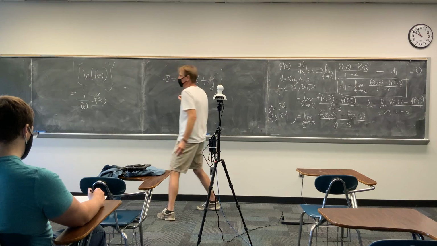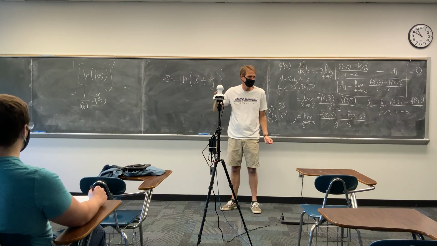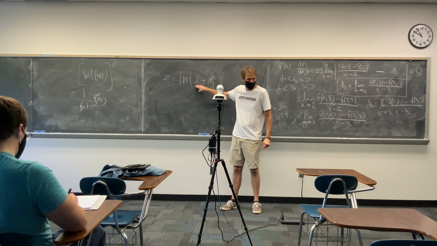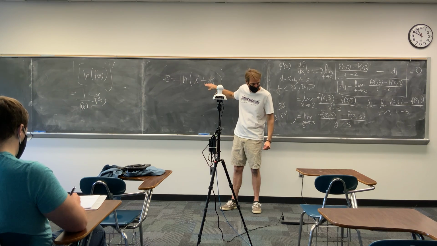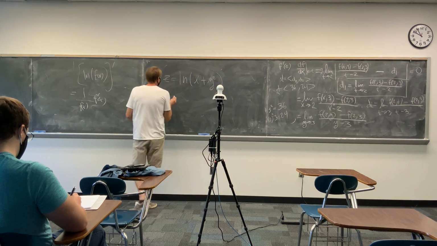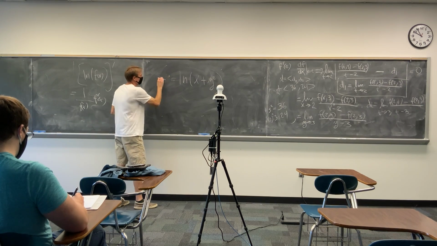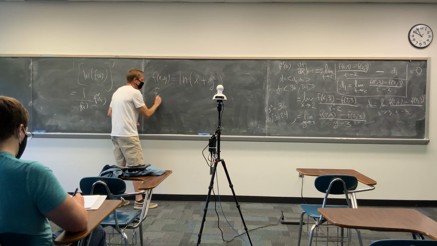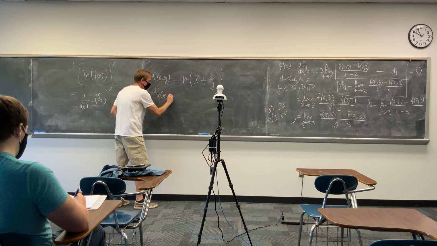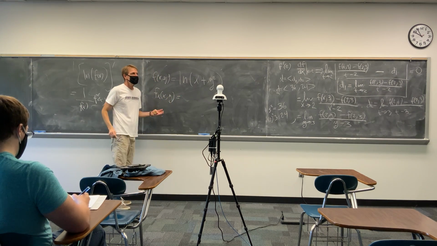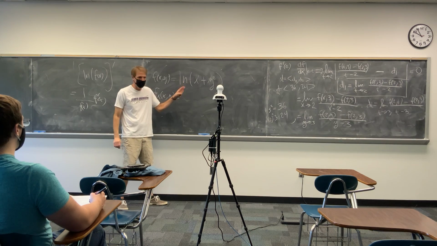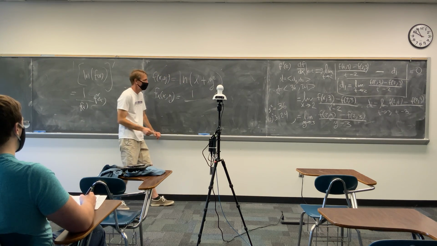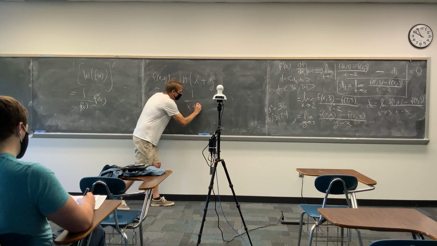So who's playing the role of f of x, y? I've got my x plus y squared. If I take the partial with respect to x, I hit the natural log, so it's going to be 1 over x plus y squared.